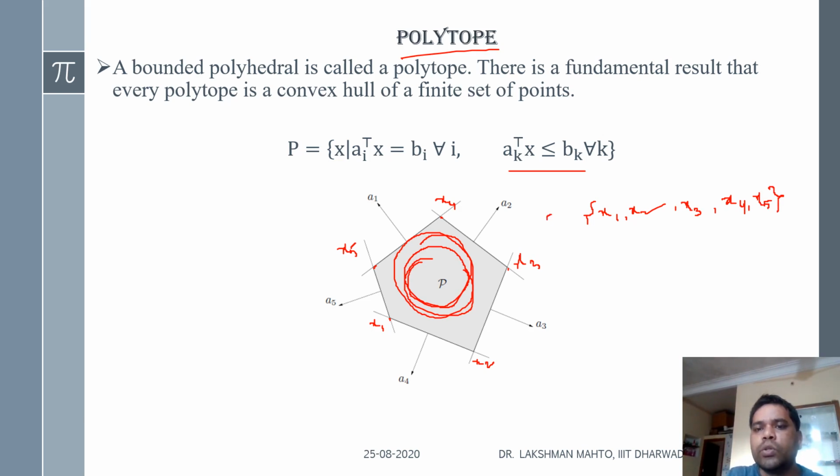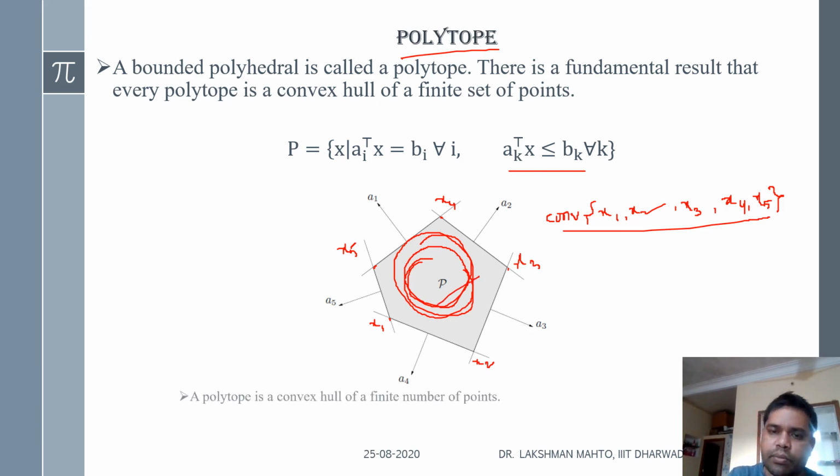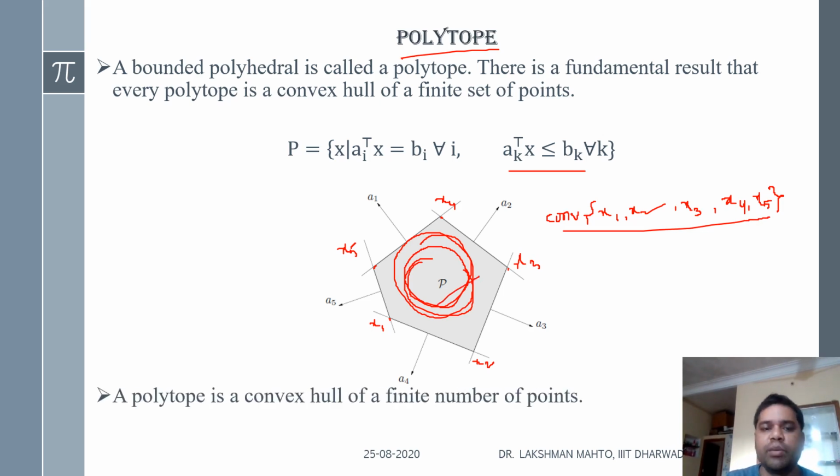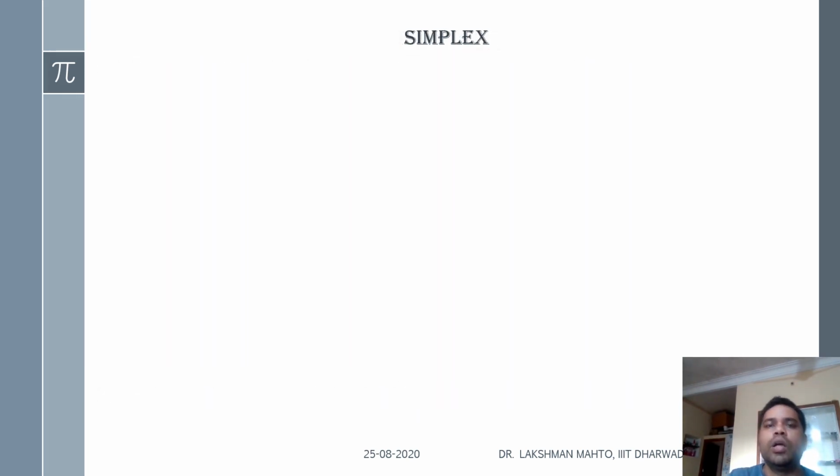Make a convex hull of this finite number of points and you get a polytope, a bounded structure that we call a polytope. I had already mentioned how we can find a convex hull. The operation is CONV, and the notation for the convex hull is CONV over the given set. So we get a convex hull of a finite number of points.